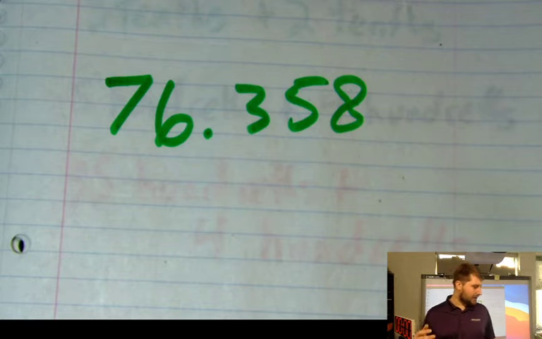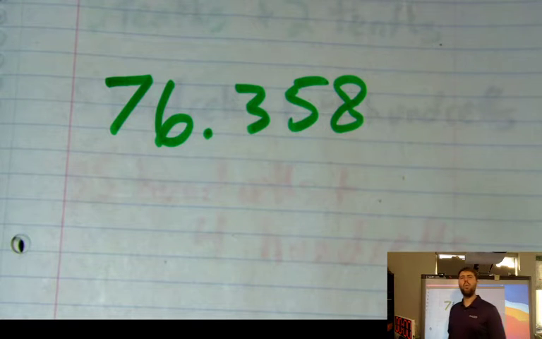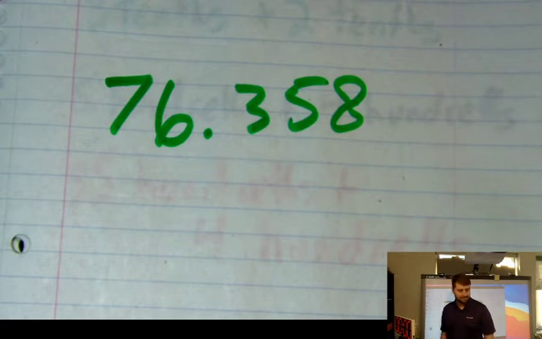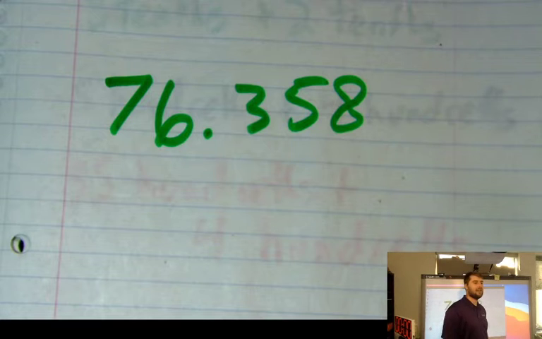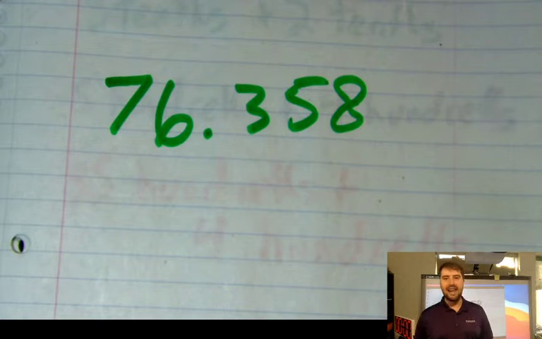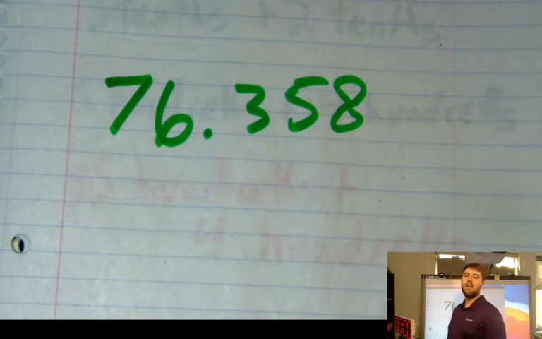76.358. Now, I want to start by saying, hey, what number is in the tens place? That's the 7, right? Okay. What number is in the thousandths place? Yep, that's the 8. Absolutely.